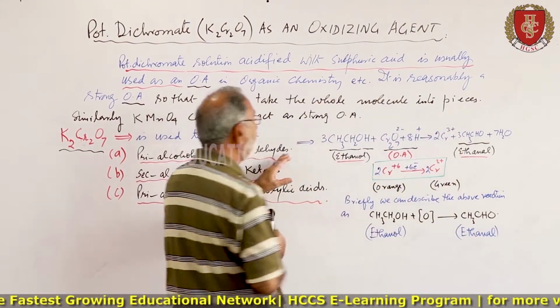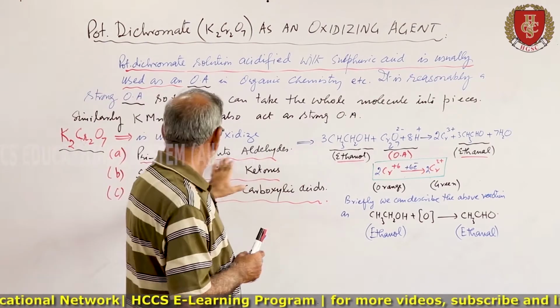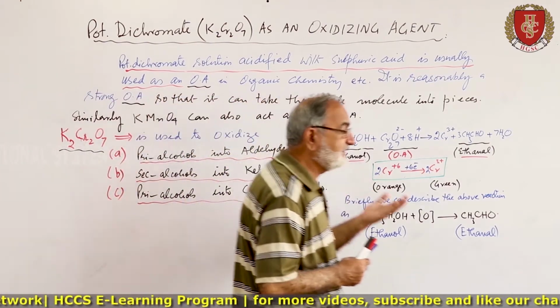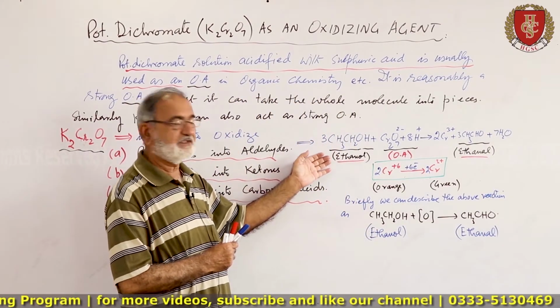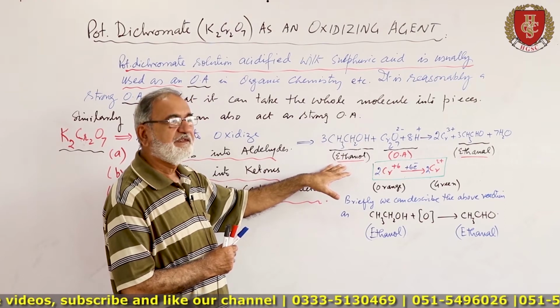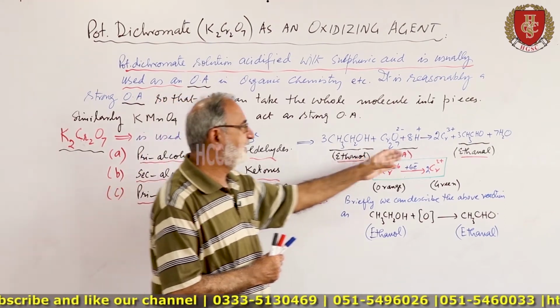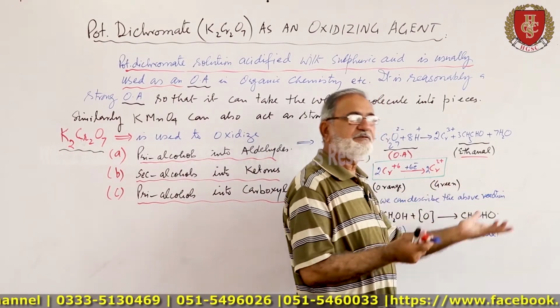Now basically the oxidation of the aldehyde and some others depends upon the concentration of the ethanol. If the concentration of ethanol is not in excess and you distill off the product, this is possible.